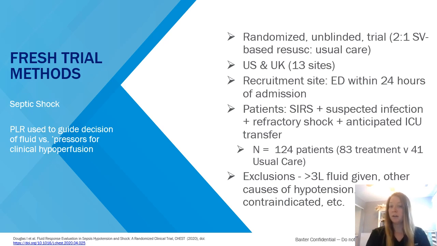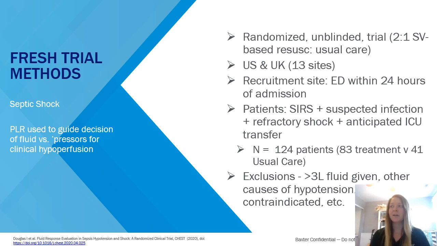There was a small N number of 124 patients, again 83 in the treatment arm, also known as the stroke volume guided arm, versus the 41 patients in the usual care group. However, what's fantastic about this small N is there was a lot of statistical significance and clinical significance, which we'll get into next. There was some exclusion criteria.